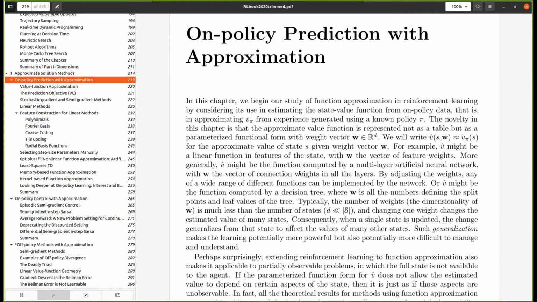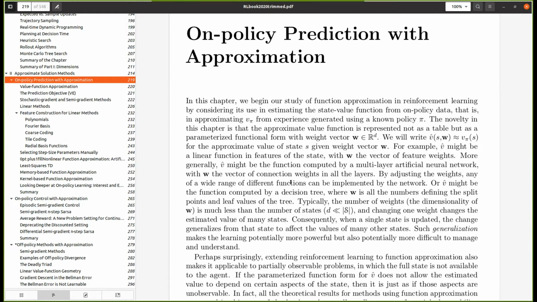And in the best case scenario, I guess we have interpolation or extrapolation to some unseen states. Obviously this wouldn't work with tabular methods, where each state is associated with a separate entry.